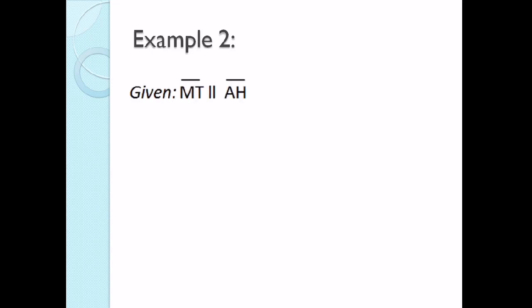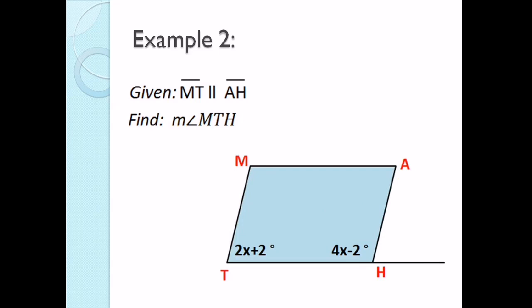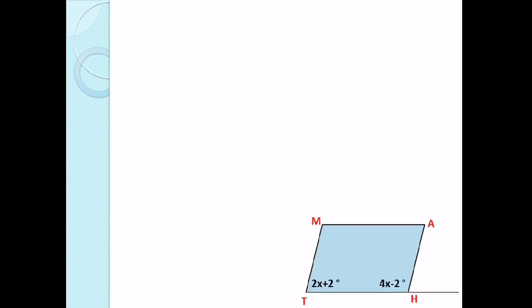So for our example 2, given line MT is parallel with line AH, so we need to find the measurement of angle MTH. So ito po yung ating figure. For our solution, first, we need to find the value of X for us to be able to find angle MTH.